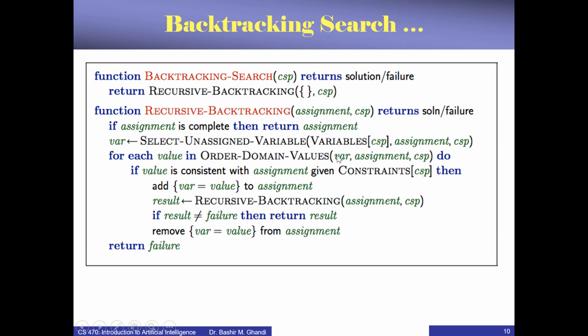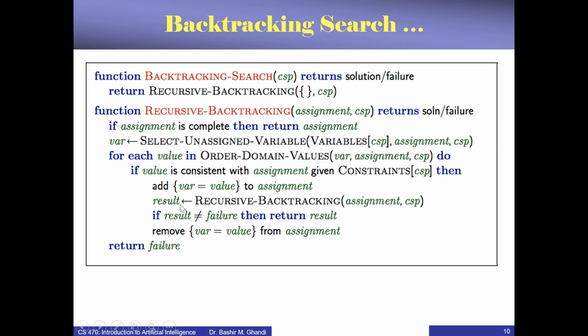For each value among the possible values that can be assigned, check if that value is consistent with the assignment given the constraints of the problem, then add that assignment to our assignment. So I assign that value to the variable and add this assignment to our list of assignments. Okay, and then do another recursive call with this updated assignment now as the input.